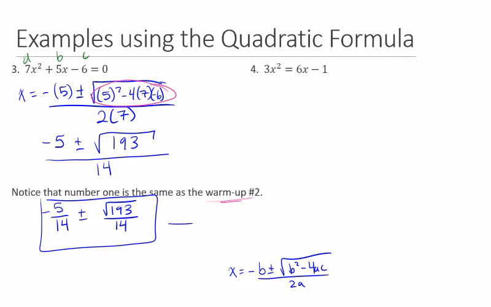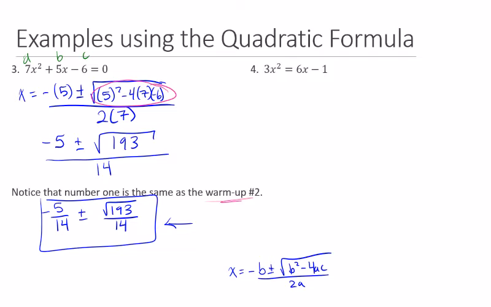Even though it looks a little intimidating as far as the answer goes, it was fairly straightforward to get there. All right, and remember also, make sure you try to simplify a radical. Here we couldn't, 193. We don't have any perfect squares that go into that, so that's as far as we can go. All right, so let's check out number 4.